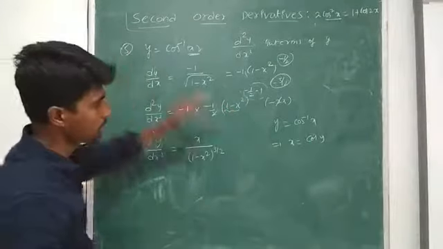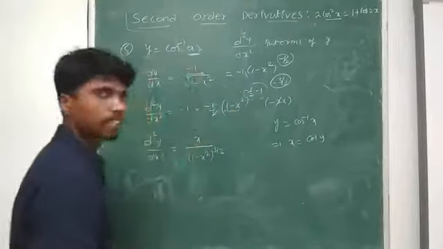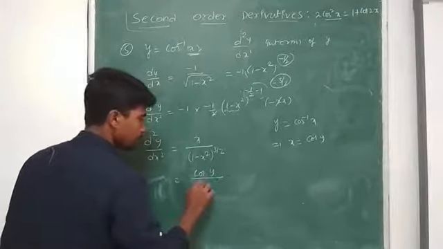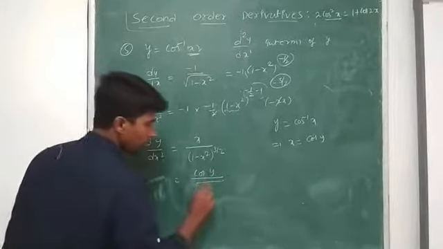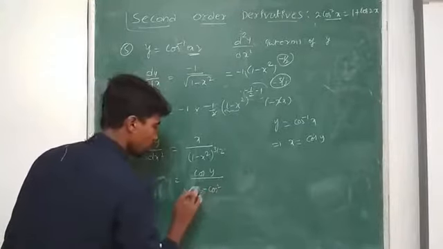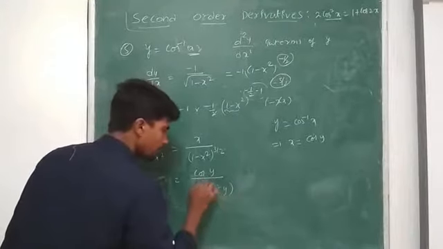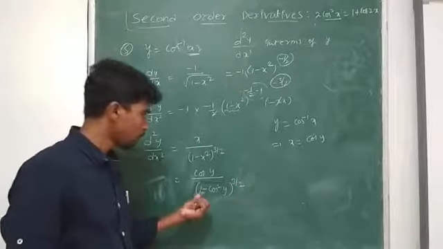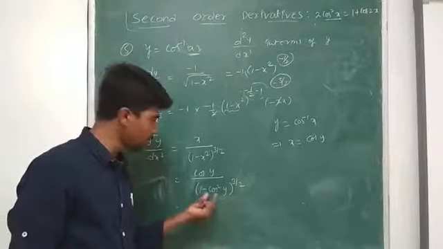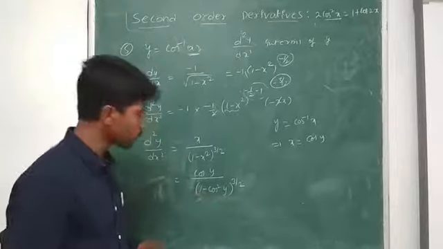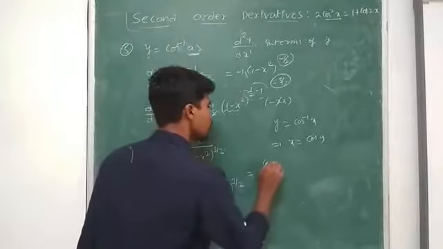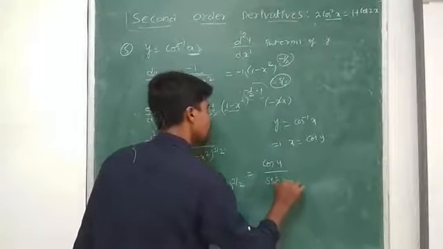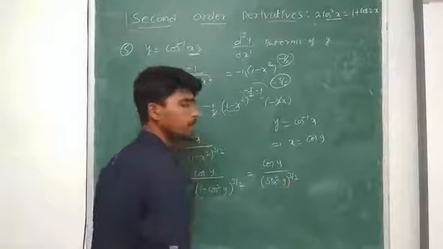Substitute the same thing: cos y by 1 minus cos square y whole power 3 by 2. But we know 1 minus cos square y is sin square y. So I get cos y by sin square y whole power 3 by 2.